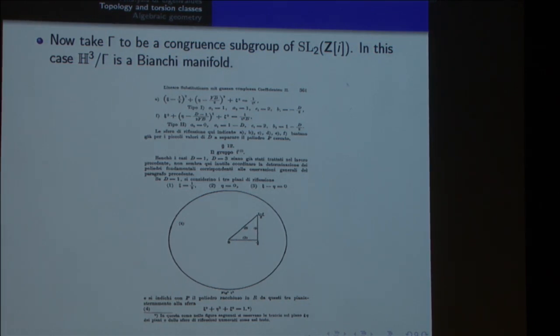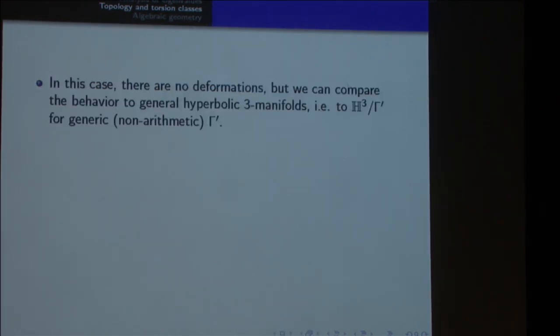Okay, so here, by a theorem of Mostow, you cannot deform a group like this, in the case of hyperbolic 3 manifolds. But what I want to do is compare the topology of this quotient, hyperbolic 3 space mod congruence subgroups of this, with general hyperbolic 3 manifolds.